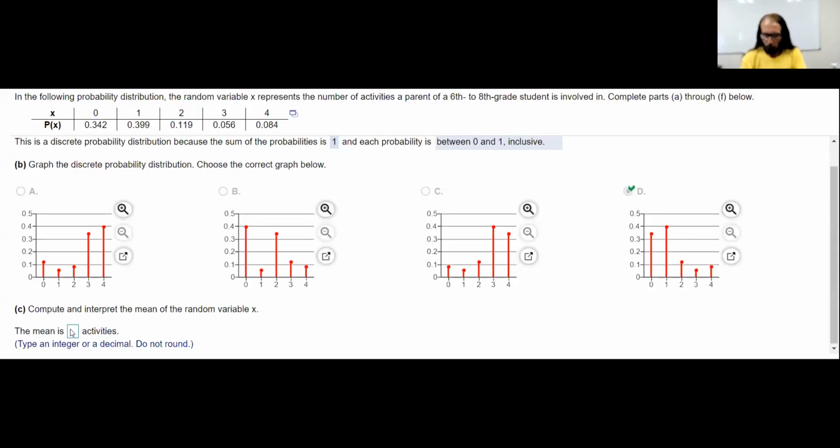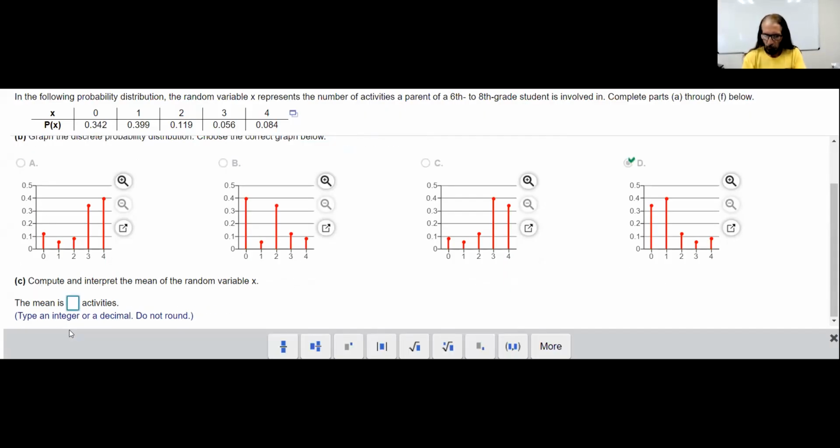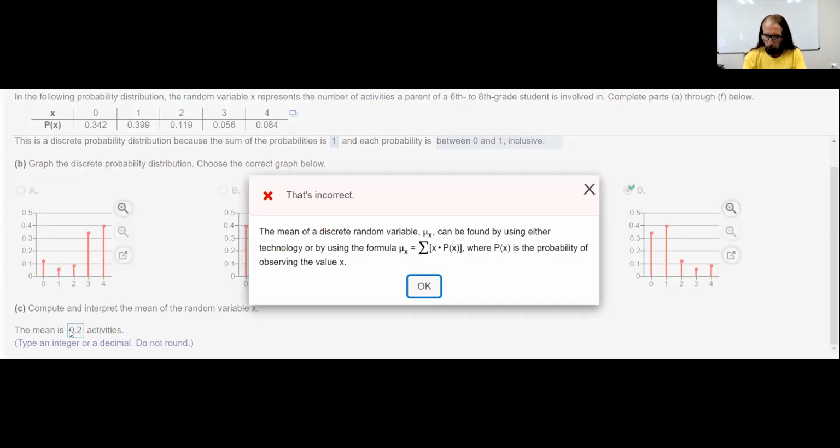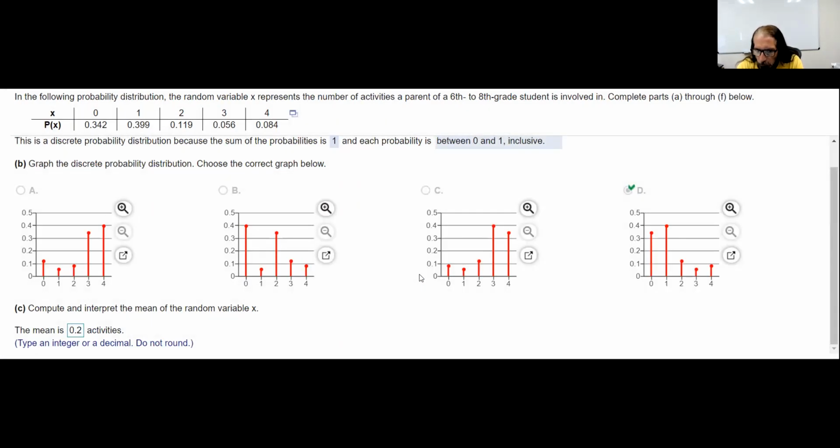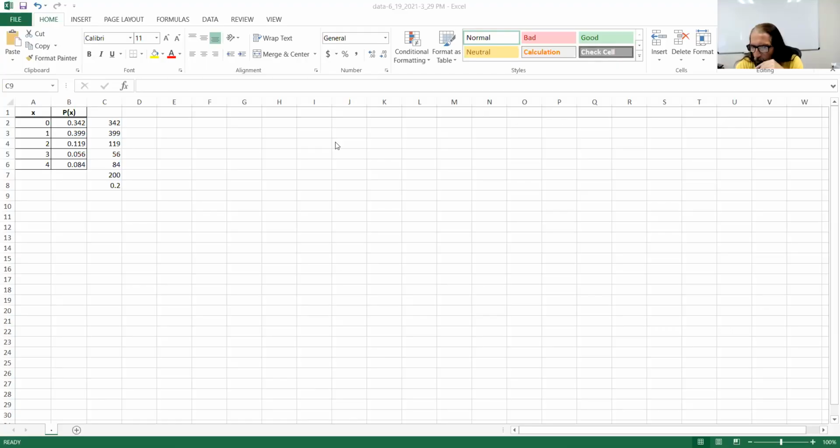So let's see if we get agreement with 0.2. Okay, backing up. Needed to give myself a reminder.